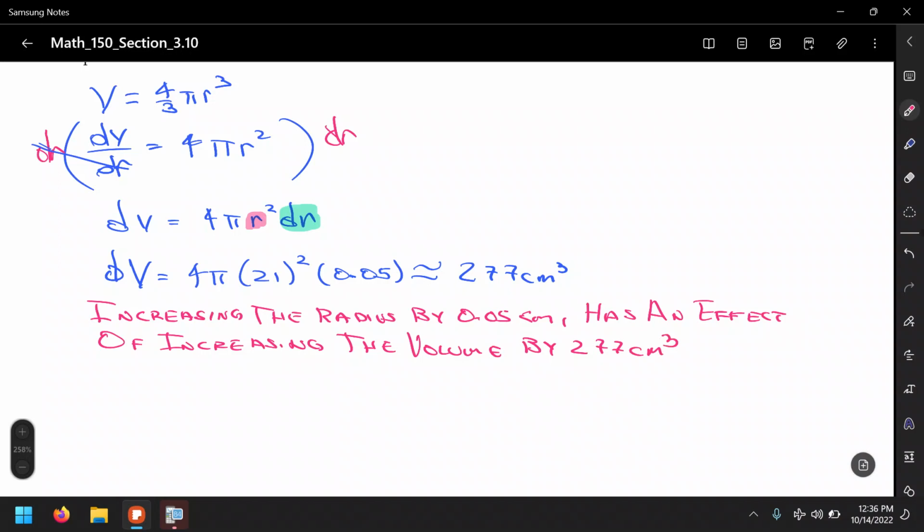So if we find the volume of the sphere for 21, well, we're going to get a number.